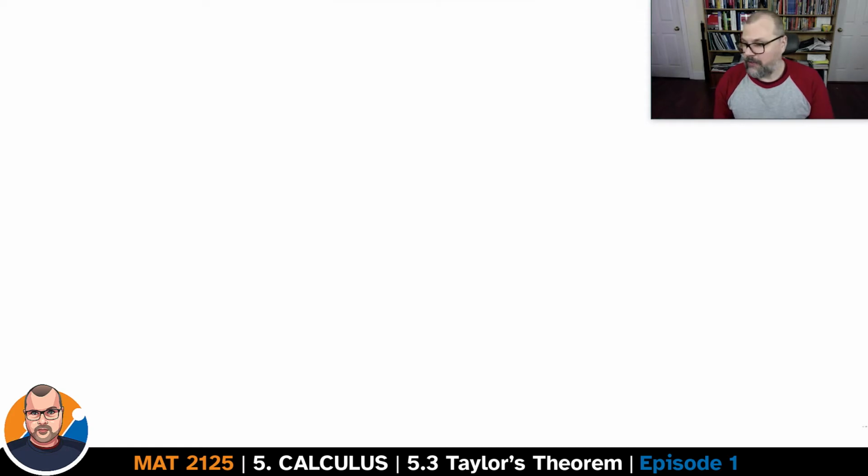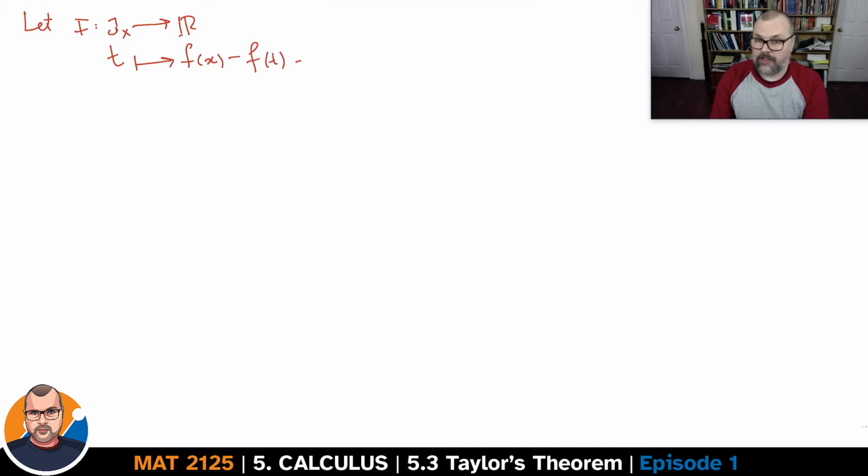Now let's define a function capital F. We define it from the interval J_x, a set of real numbers, as follows. For every t in that interval, the output of the function capital F will be f at x, which we know because x is given to us, we picked it to start with, minus f at t, minus f prime at t times (x minus t), and so forth until we get to the nth derivative at t divided by n factorial times (x minus t) to the n.